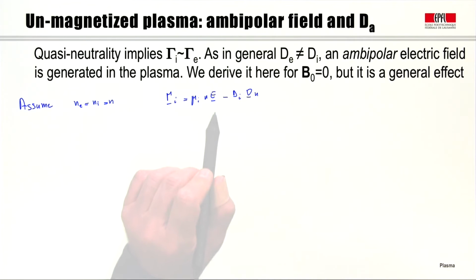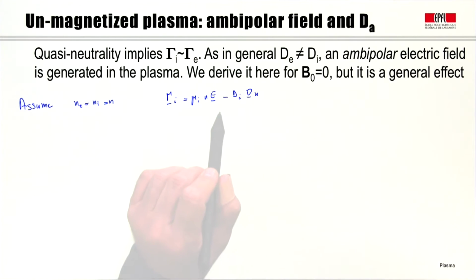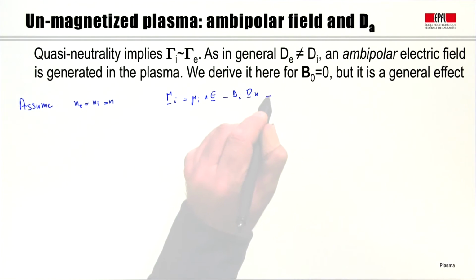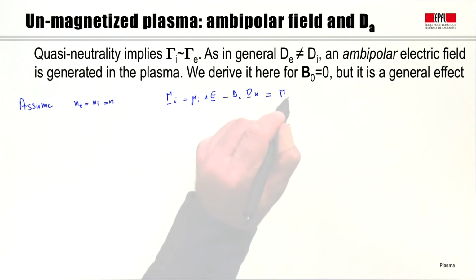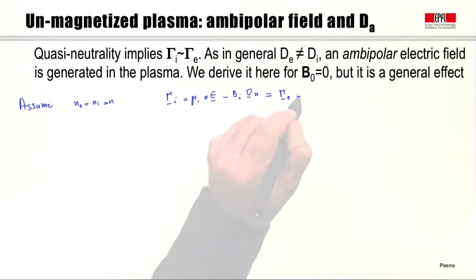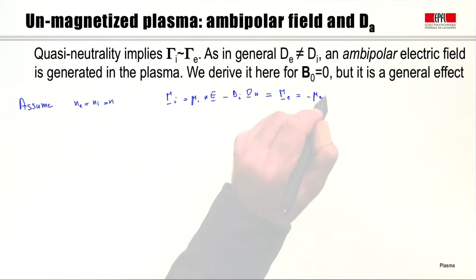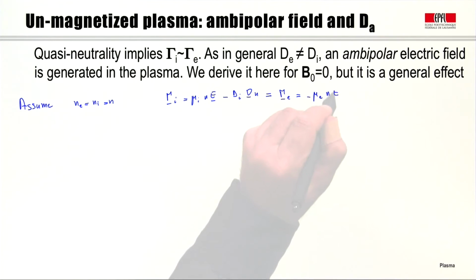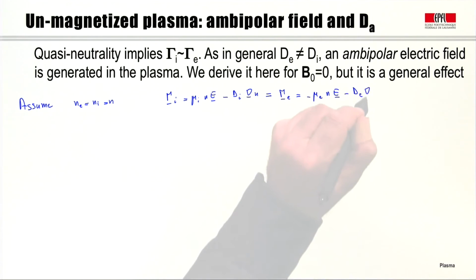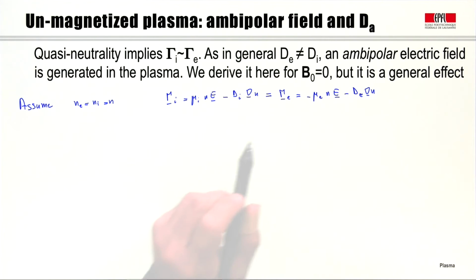Of course, the electric field is common between the two species, it is a property of the plasma as a whole, minus the diffusion term. That has to be equal to Gamma_e for electrons, which is minus mu_e E. Remember that the mobility was defined with no sign, so I have to put a minus sign here, times the electric field minus the Fick's law, if you like, term, that is the diffusion term.